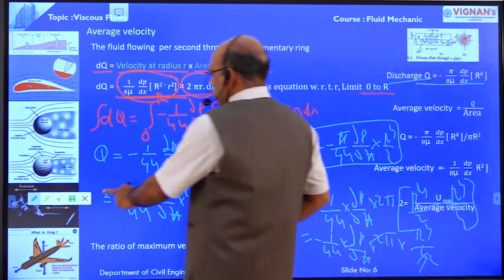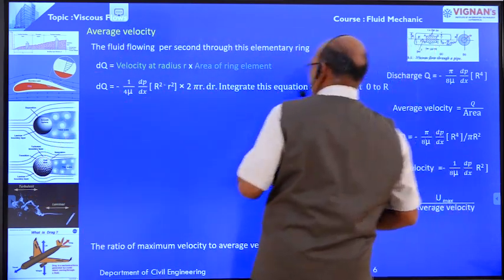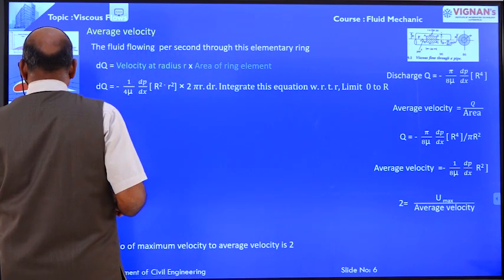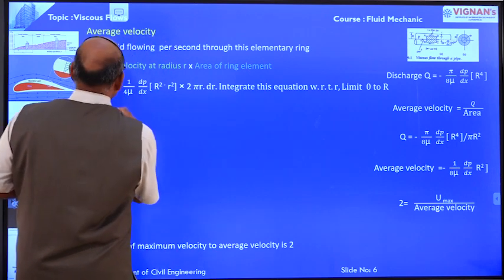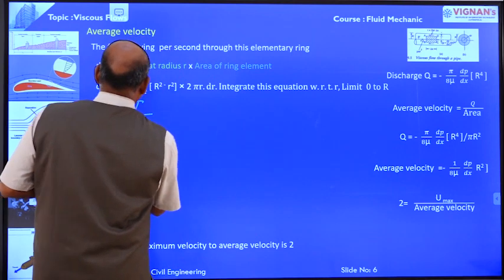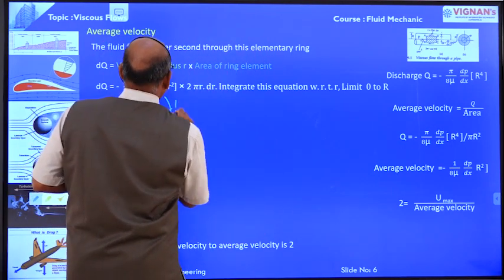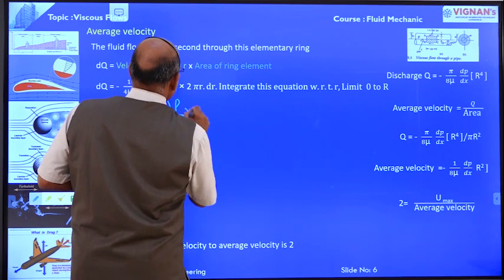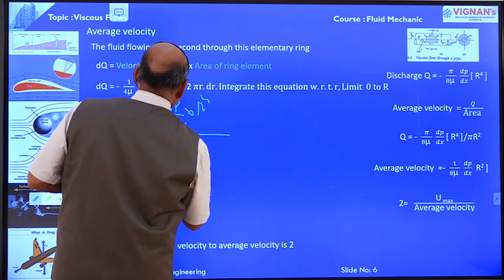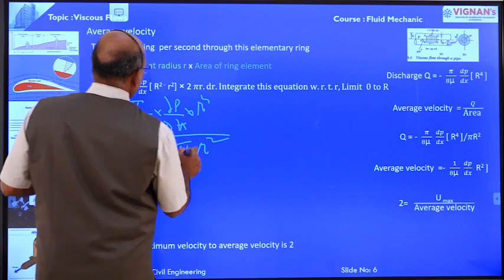Right, now average velocity is equal to Q by area. What is Q? Q is equal to minus pi divided by 8 mu into dou p by dou x into r power 4, divided by area, which is equal to pi r square.